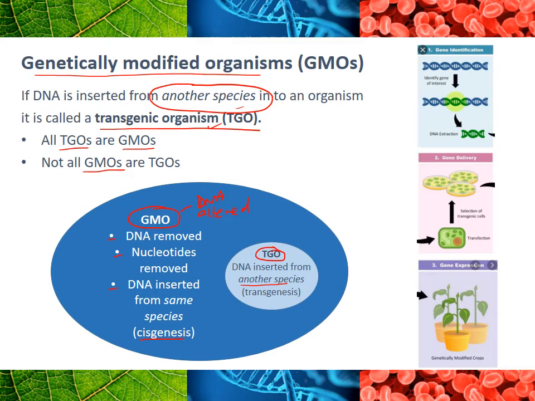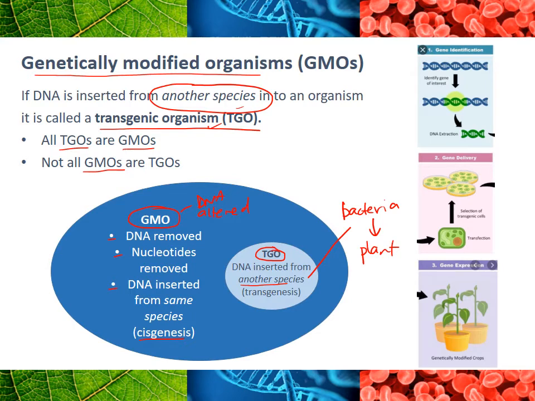When you look at the questions I've given for today, this comes up in the exams quite a lot. It'll give you an example: is this a TGO or not, and justify why. So if it comes from another species, it's a TGO. Remember, I think this is what trips people up quite a lot. Often, the genes that are inserted come from a bacteria into a plant.